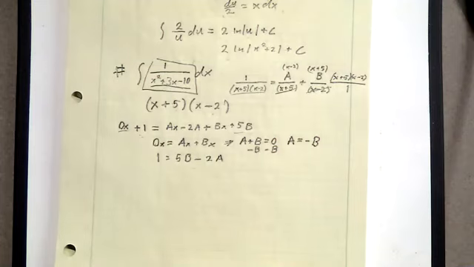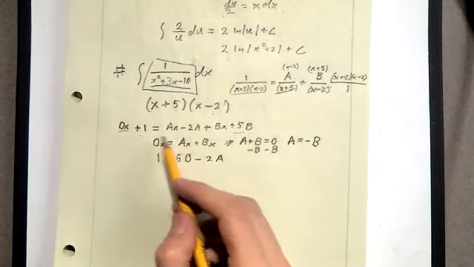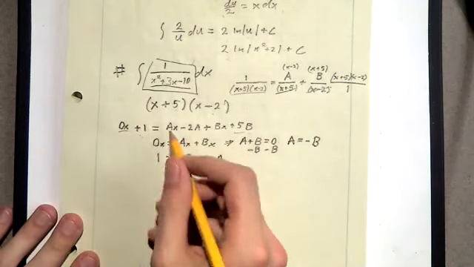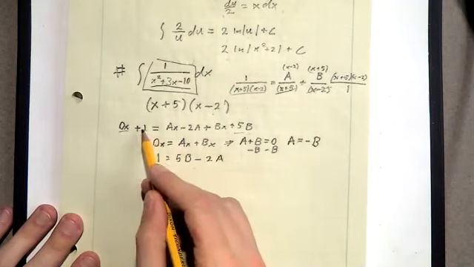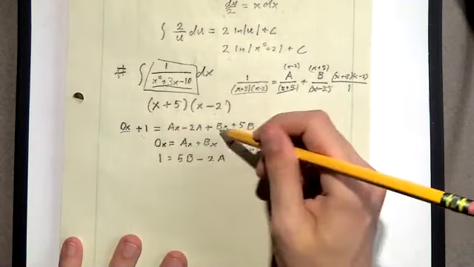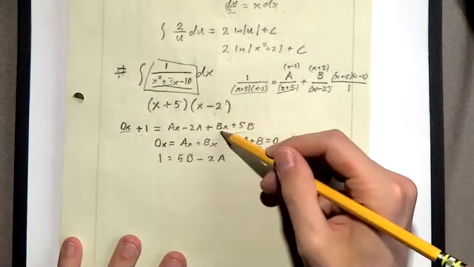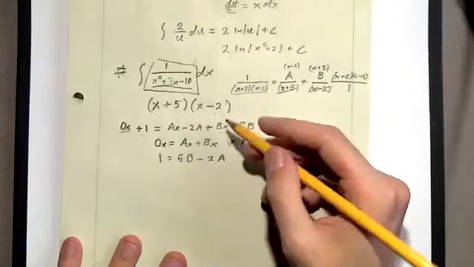Oh, I'm a little confused on how you get 0x. So 0x, this is just saying I'm adding 0 here. And the reason why I do that is so that this 1 isn't alone. And so I can separate these into all our x terms and all of our constants.